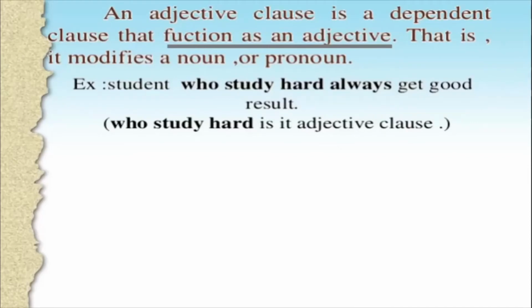So see, the meaning of the student is being modified here. Adjective clauses sometimes replace the adjectives. Sometimes instead of writing the adjective clause, you can also write one adjective. But this is the way sometimes language is used. I will give you that example also when we see the remaining part of this lesson.